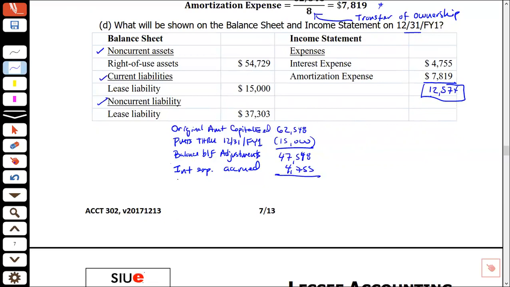Year end balance: 47,548 plus 47.55. This is looking more like it: 52,303. Wow.